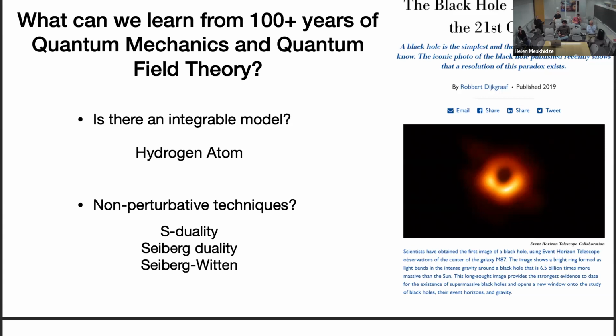So, can we have an analog of this integrable system for black holes, or in gravity in general? And if so, what can we do with that? Can we go further, perturb the hydrogen atom, and learn about more general systems? Can we have some non-perturbative techniques, like duality in field theory?